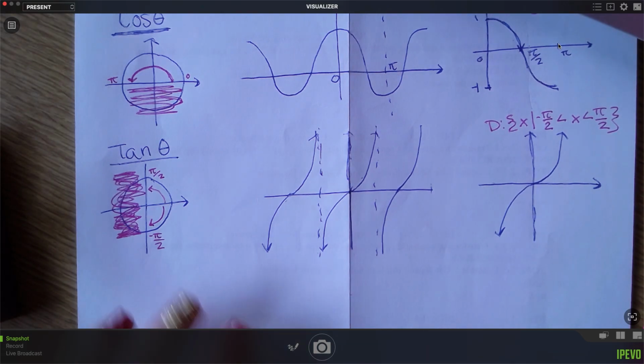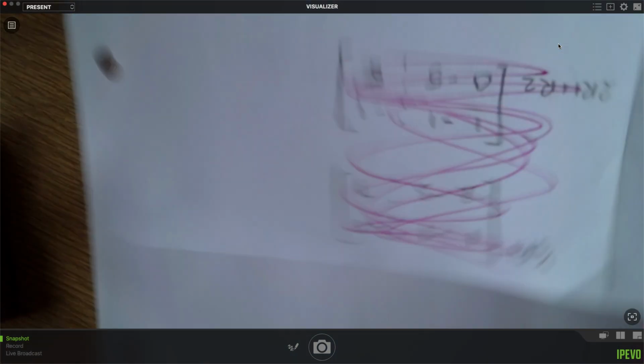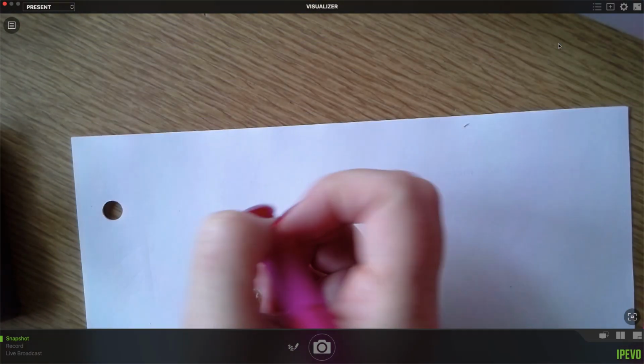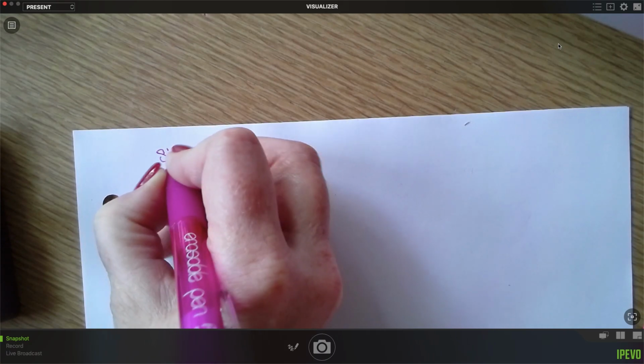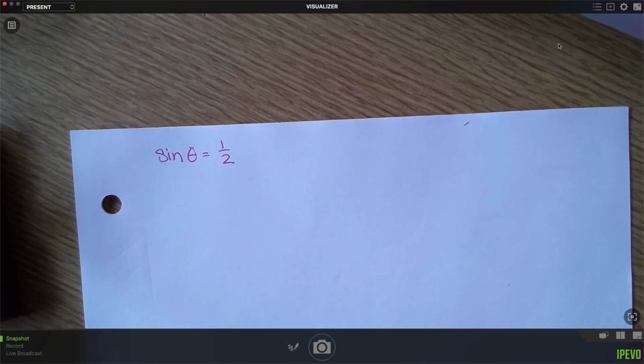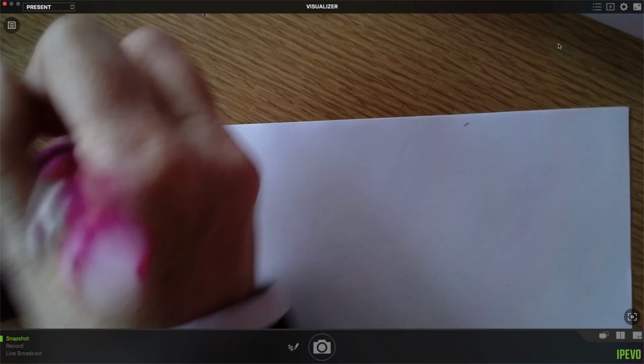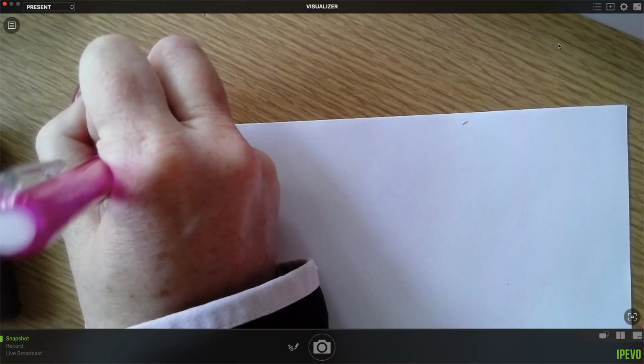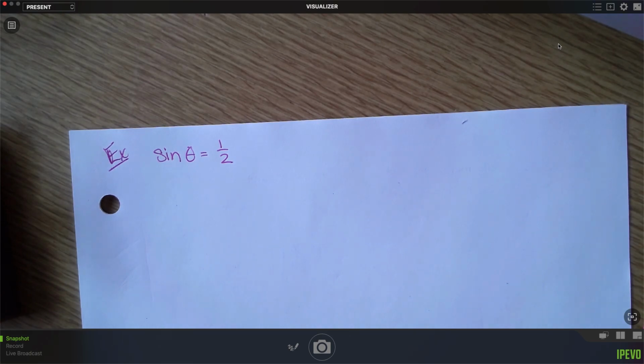Good? Okay. So I'm going to ask, if I put the sine of theta equals 1/2. You've answered this question before, yes? I've asked you the sine of theta is 1/2 before, right? So sine is positive in the first and the second quadrant. Sine is opposite.